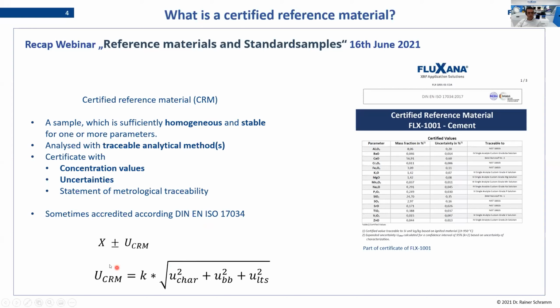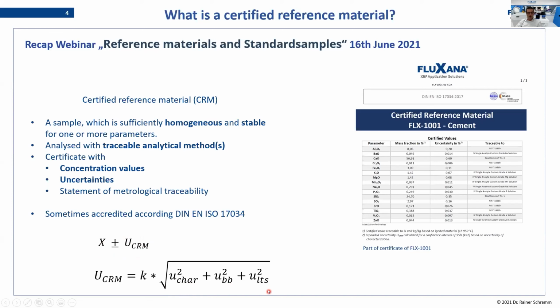Also, if you have a reference material, you can say there is an X concentration, which comes with an uncertainty. And this uncertainty splits into three terms. One is the characterization, that means the analysis error. The other is the between-bottle term, that is the homogeneity.